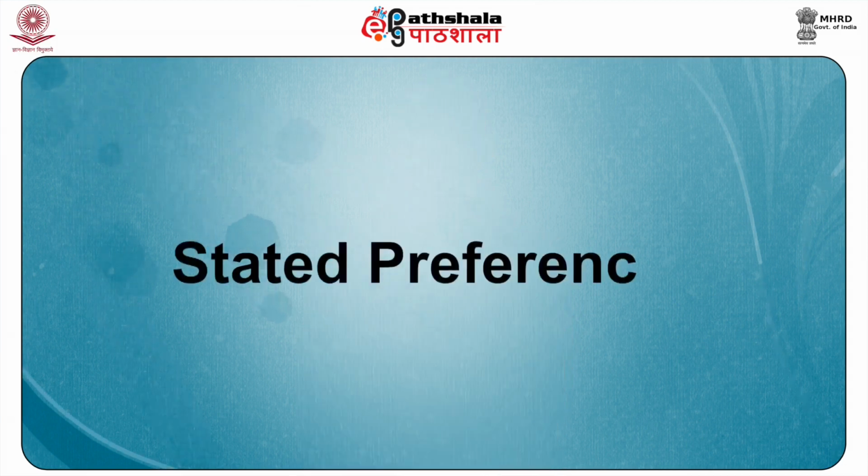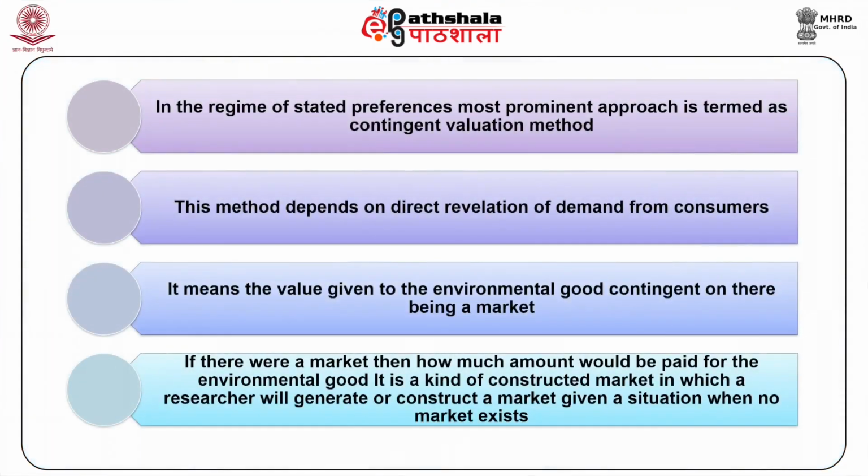Next, we shall discuss the stated preferences. In the regime of stated preferences, most prominent approach is termed as contingent valuation method. This method depends on direct revelation of demand from consumers.